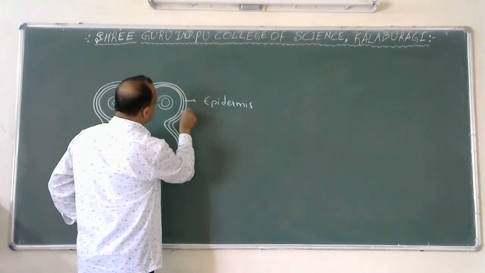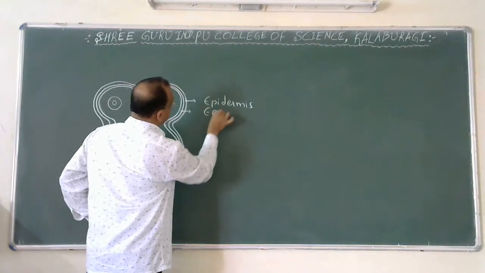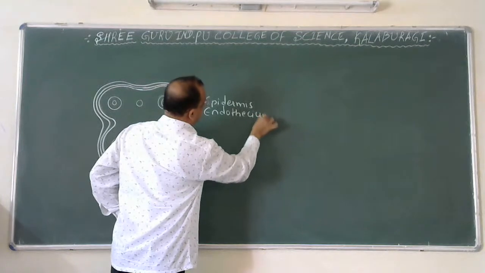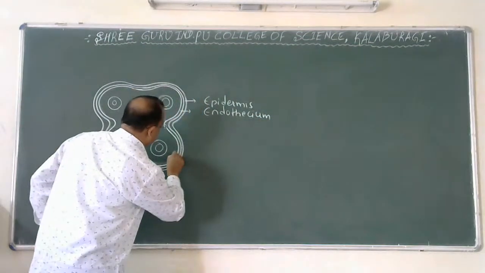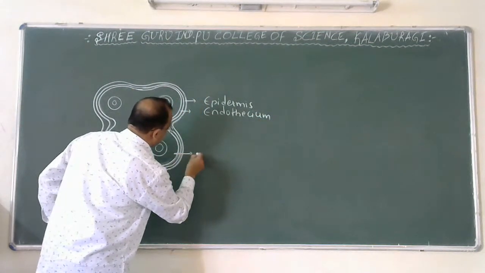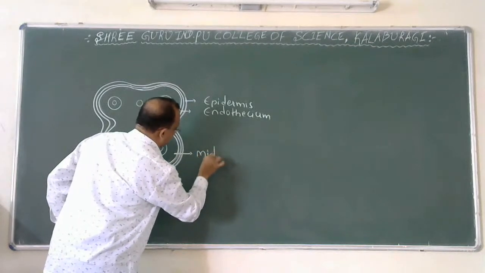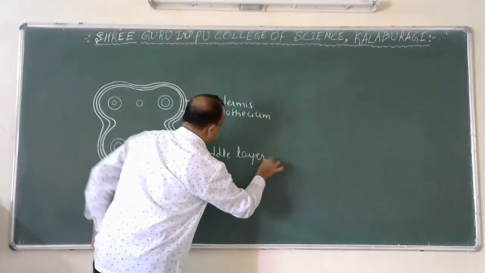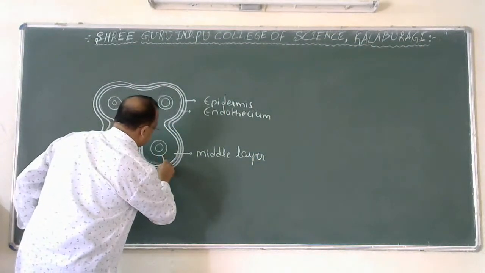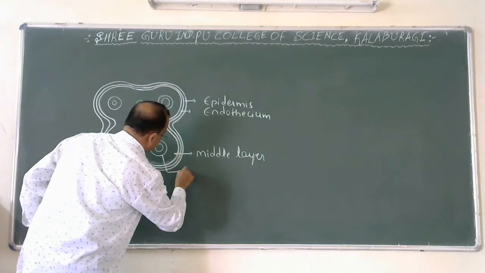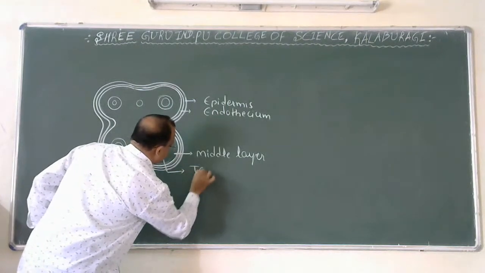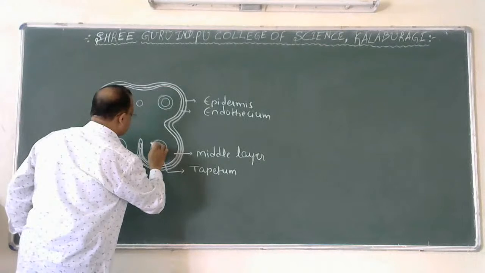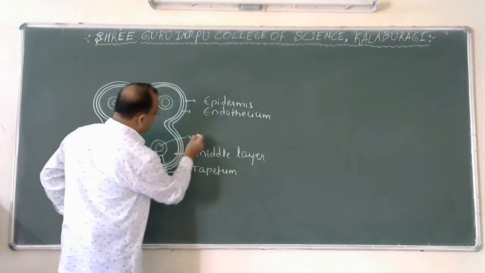Epidermis, just below that one, endothecium, middle layer, tapetum, this sporogenous tissue.